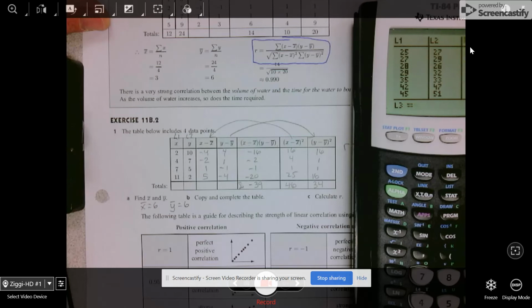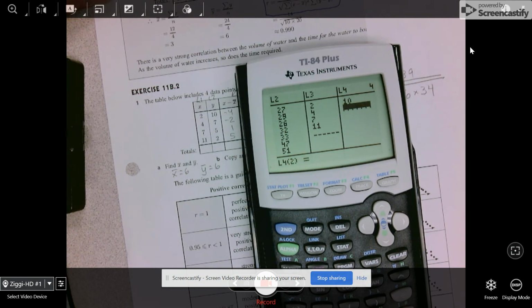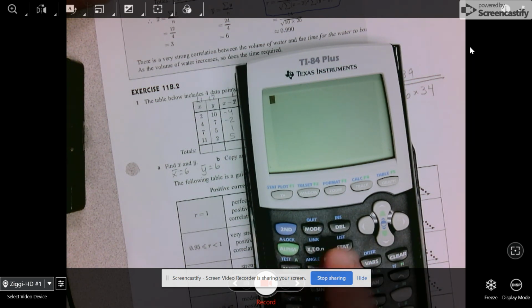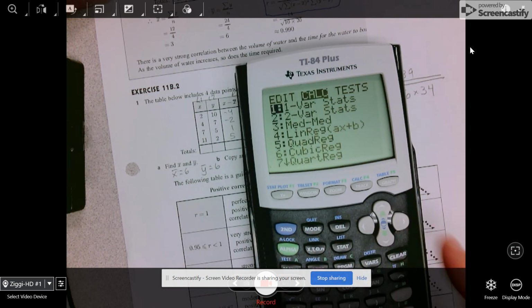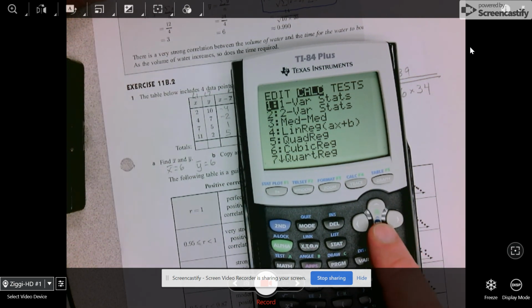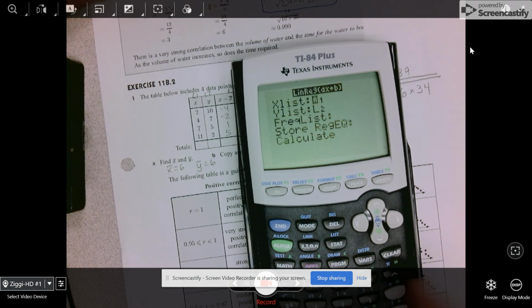So I get negative 0.986. And I want to see if that's the same as if I'm doing this with the calculator, using the long way. Negative 0.986. So they are, that either way works. Obviously, we want to use technology unless we have to explain it the other way.